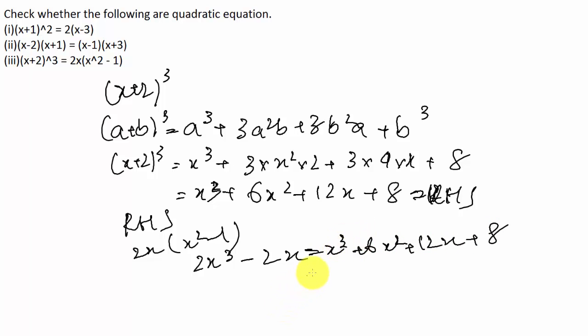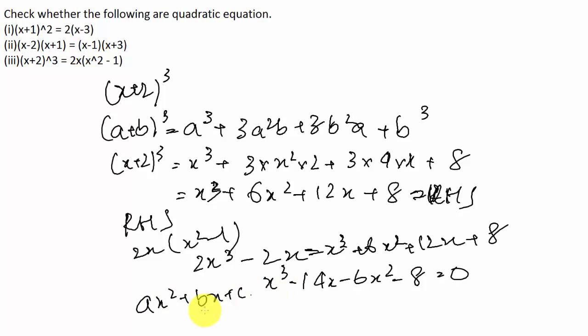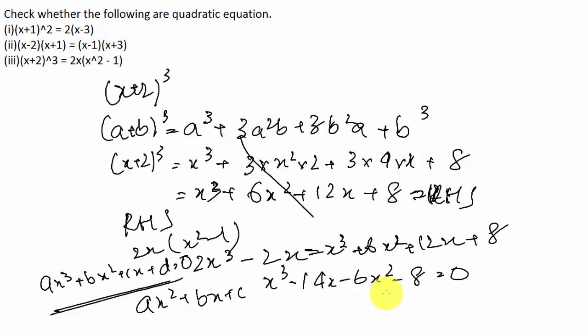Now you will get something like this: x cube minus 14x minus 6x square minus 8 equal to 0. Now let's check if our equation is of the form ax square plus bx plus c. No, it's of the form ax cube plus bx square plus cx plus d equal to 0. Now this is a cubic polynomial. We don't want a cubic equation. So basically this is not a quadratic equation.